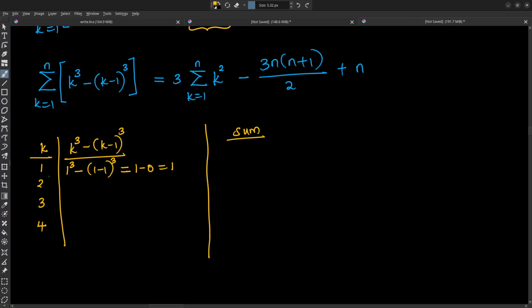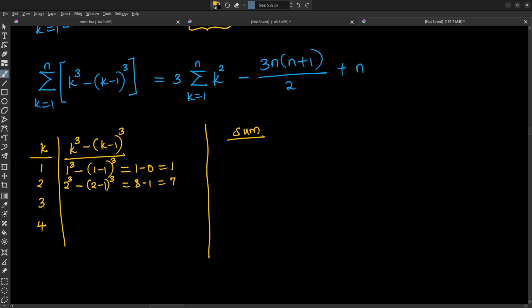Now, what is the value of this expression when k is 2? When k is 2, this becomes 2 cubed minus 2 minus 1 cubed. And what is this? 2 cubed is 8, minus 2 minus 1, 1 cubed, that is just 1. So 8 minus 1 is going to give us 7.